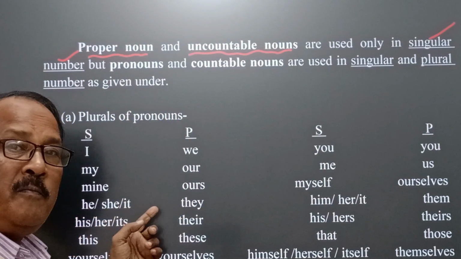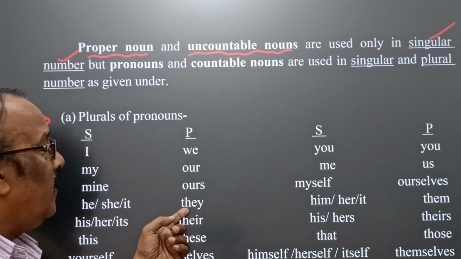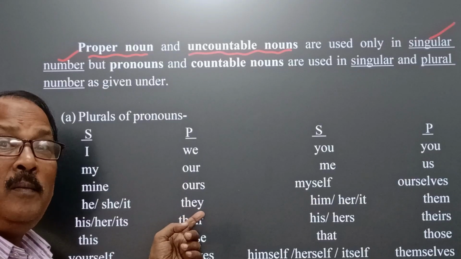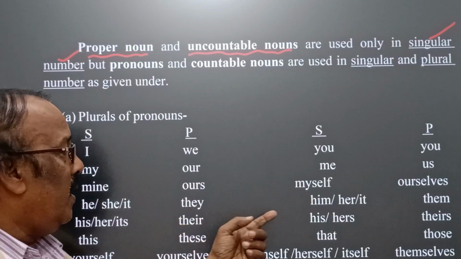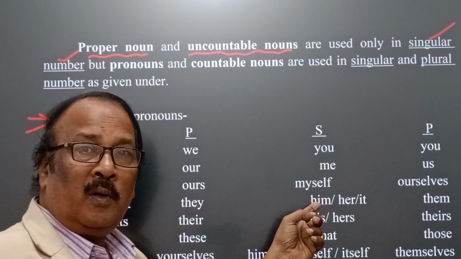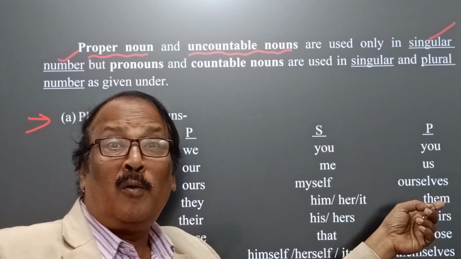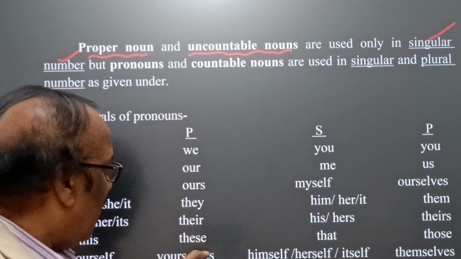These are the personal pronouns in singular number, third person. In third person plural, the personal pronoun is they. Again, him, her, it, third person singular number. Them is the objective form of pronoun they in plural.